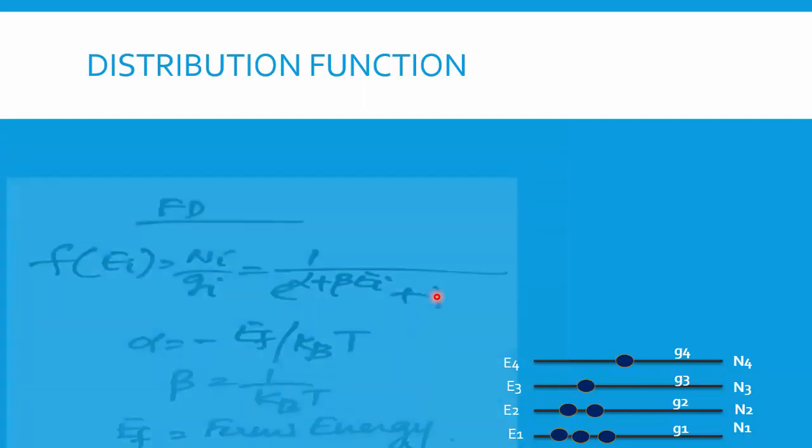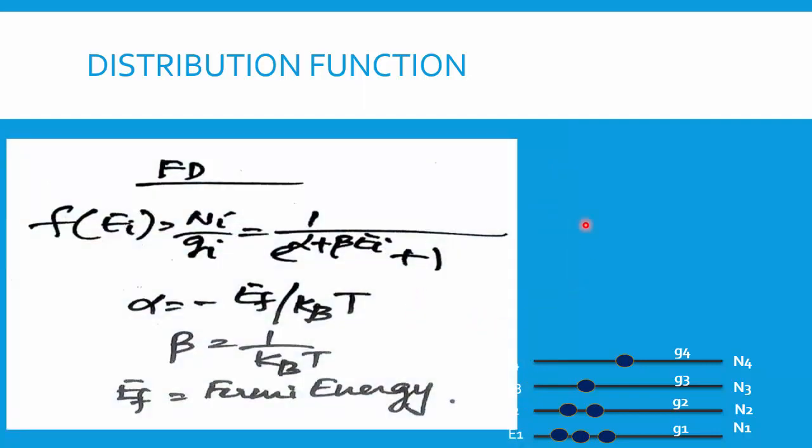Like this, you have the distribution function for FD statistics, and it looks like this. Distribution function formula or probability is equal to n by g is equal to 1 by e to the power of alpha plus beta Ei, plus 1. So with respect to Bose-Einstein, here it was minus 1, now it is plus 1. Remember that this plus 1 is not included with the exponential, and alpha is minus EF by kT.